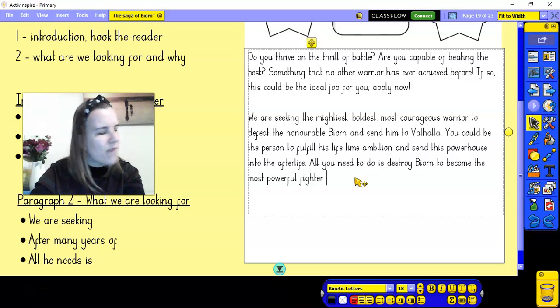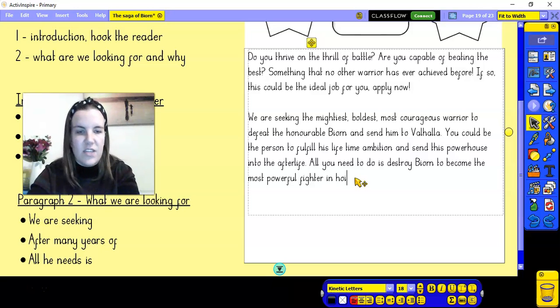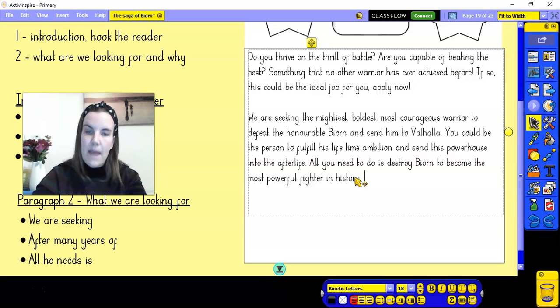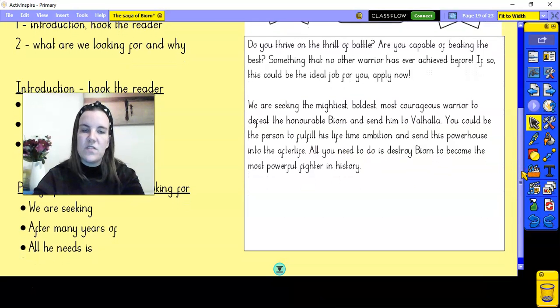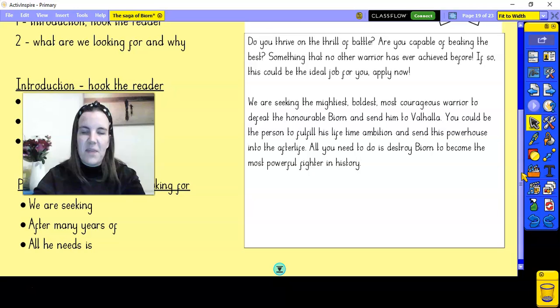The most powerful fighter in history. Okay. And I'm happy. I've got my 2 paragraphs there that I think do the job brilliantly. I've got my introduction. I've explained a little bit about the job, including all of those features there from my plan. Okay, so use this to help you. Pause now. Have a go at writing your second paragraph for today.